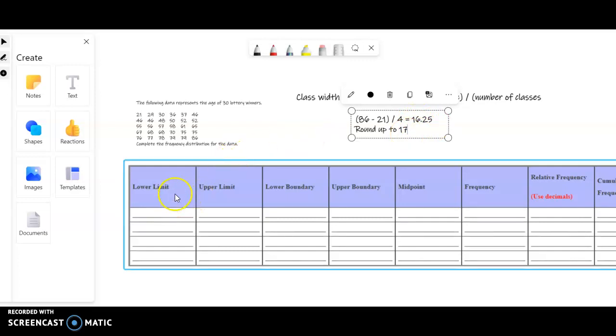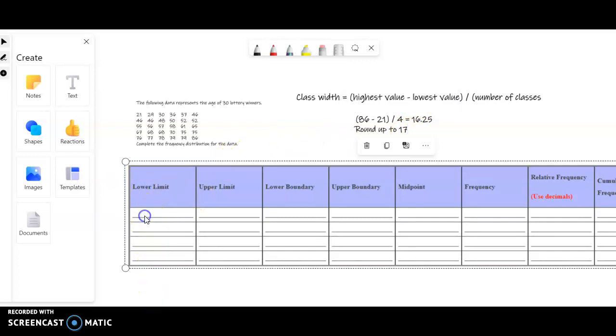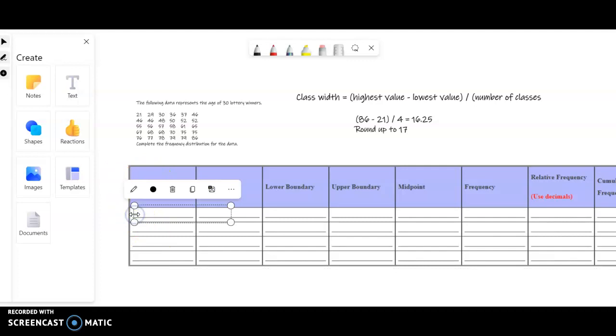Okay, now for your table here, your lower class limit will always be your lowest number. So in this case, we have a 21, okay? And then to go down your table, to go from here to here, you're going to add your class width. And to go from here to here, you're going to add your class width. And to go from here to here, you're going to add your class width.